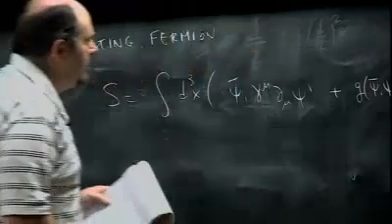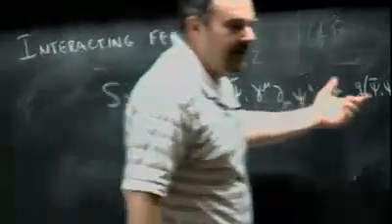So the Gross-Neveu model is the fermion model with a quartic-fermi interaction.